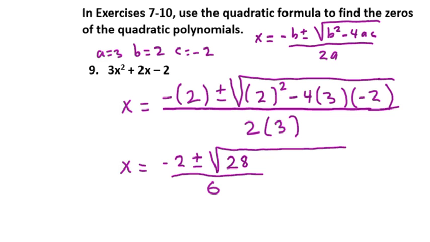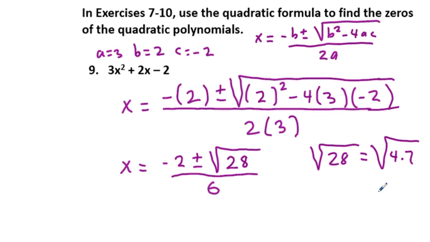For this one, we could do some further simplification, because we can rewrite the square root of 28 as the square root of 4 times 7. And the square root of 4 is 2, so we're going to have 2 square root of 7.